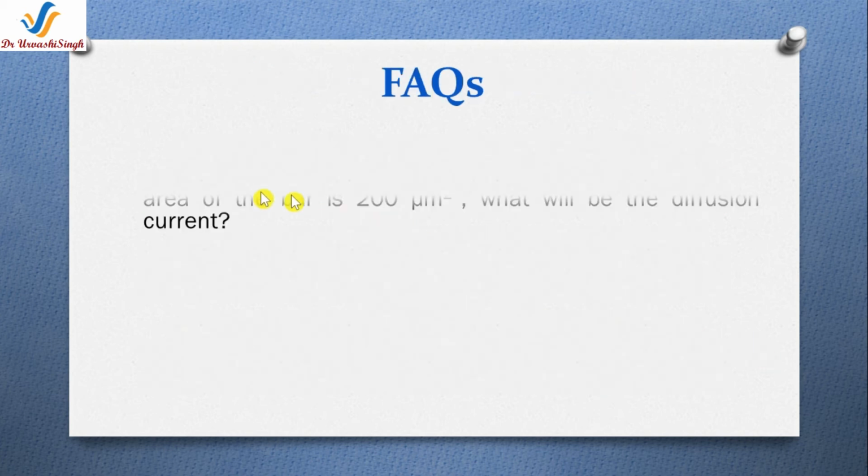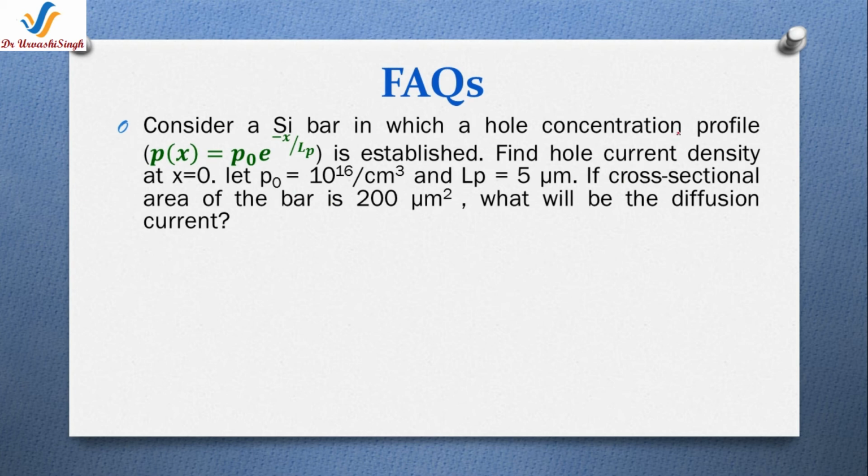The first one is, consider a silicon bar in which a hole concentration profile is established. Find hole current density at x equals 0. Let P naught be equal to this, and Lp, which is the diffusion length, and this diffusion length is defined as the average length of the carrier from generation to the recombination process. If cross-sectional area of the bar is 200 micrometers square, what will be the diffusion current?